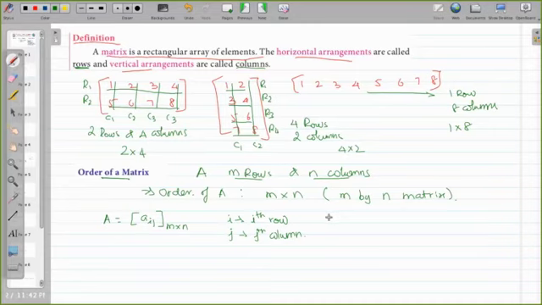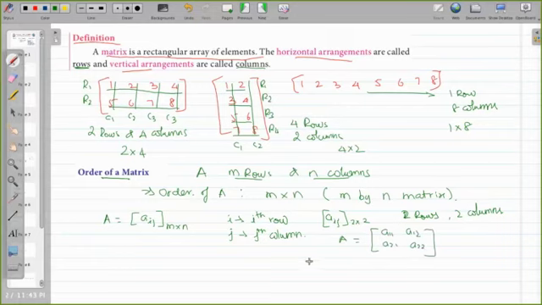For example, if I take the matrix A as Aij, a 2 by 2 matrix, that means it has 2 rows and 2 columns. So the matrix will be written as A11, A12, A21, A22.